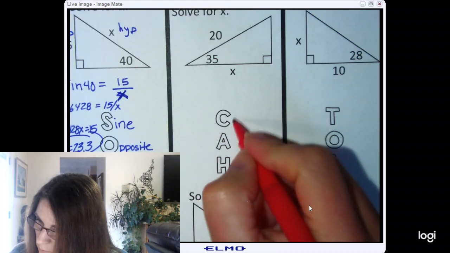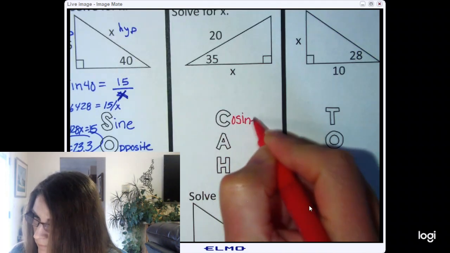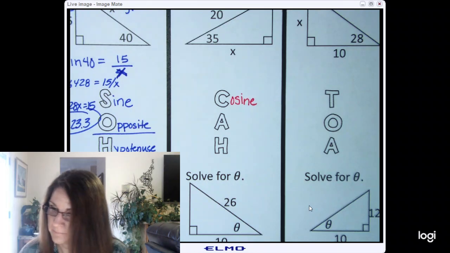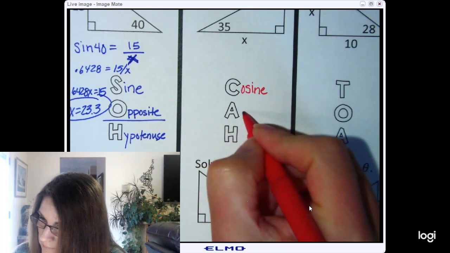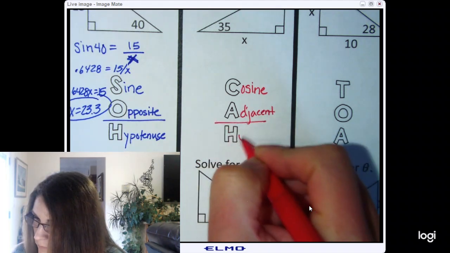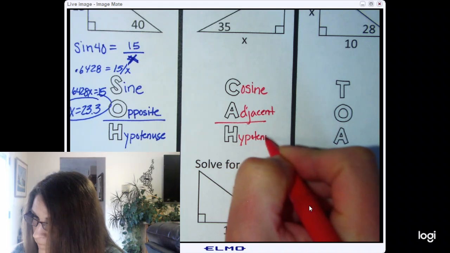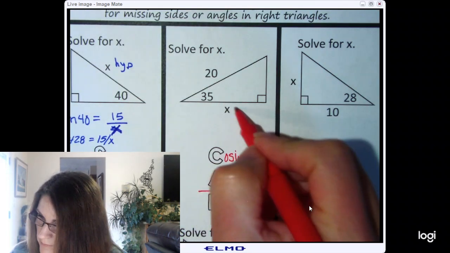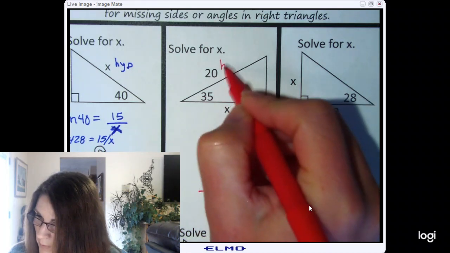C stands for cosine. Please don't call it cos, it's cosine. The A stands for adjacent. H is again the hypotenuse. Oh, here we go. Here's the adjacent side, and here's the hypotenuse.